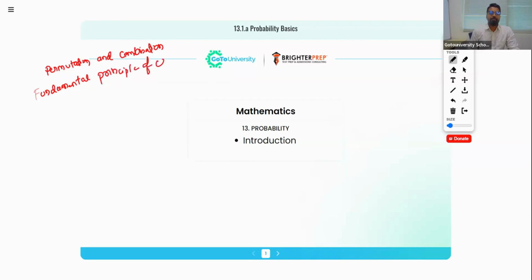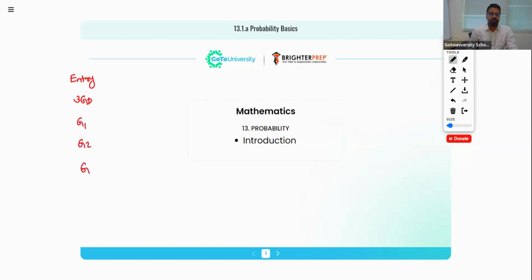So let me give a simple example. Let us assume you're going to a shopping mall nearby, which has 3 glass doors to enter, G1, G2, G3, and 2 wooden doors to exit, that is W1 and W2.